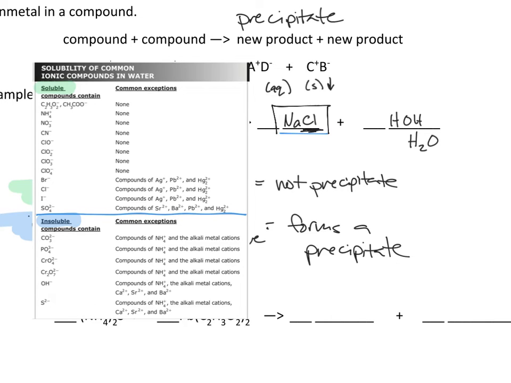So you go look for chlorine on the list. Chlorine's right there in the soluble section. So we say sodium chloride is soluble. But there's a line over here for exceptions. So chlorine is soluble unless it's with any of those things, which right now it's not. So that's soluble. You write it with a little AQ for aqueous, and you move on. Water, H2O, you ignore because it is the solvent there. So we ignore it and move on.